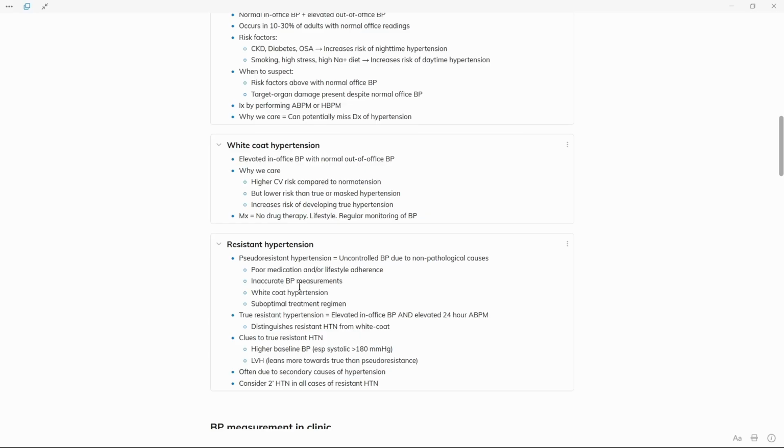Whereas if you're squeezing them with a cuff that is simply too tight, they will always look like they have hypertension. White coat hypertension, as mentioned before, and suboptimal treatment regimen is common sense. If you don't dose them appropriately, you give them medication doses that are too low, and they still have high blood pressure, then you need to try to increase the dose first before you can say that it's uncontrolled with maximal therapy.